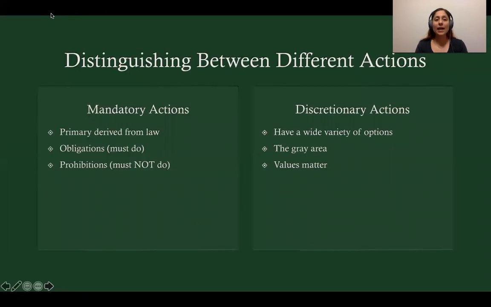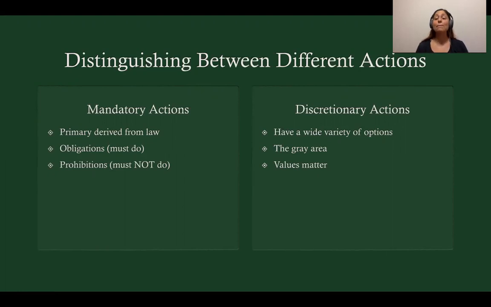With that, it can be helpful to distinguish between the different kinds of actions that we may be making in the therapy room. These can be split into two main categories: mandatory actions and discretionary actions. Mandatory actions are those that are derived primarily by law or from the law, and they include obligations and prohibitions.